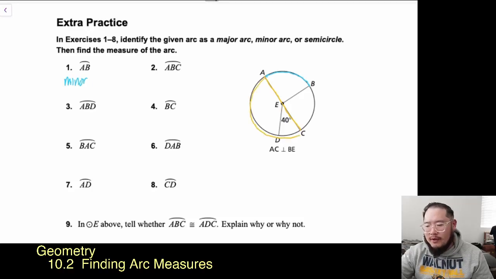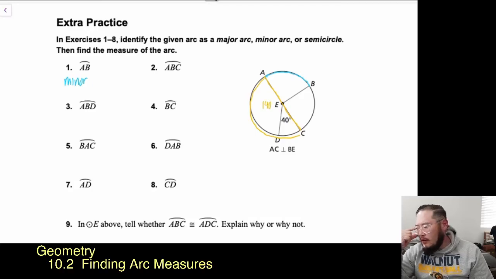Well, how about this arc right here, A, E, and D? 40 degrees is already accounted for. So if I take 180 minus 40, this part right here would be 140, AED. So we're already starting to break down parts of the circle.